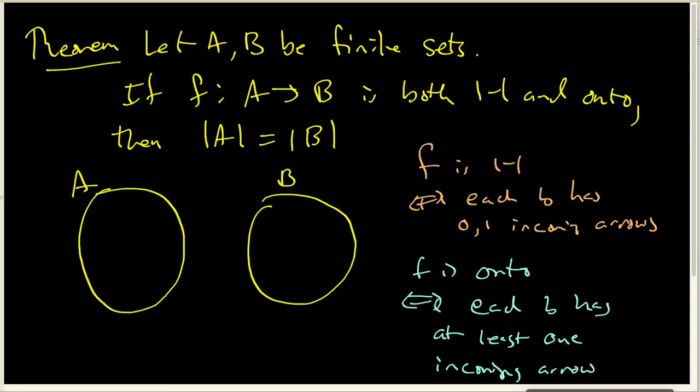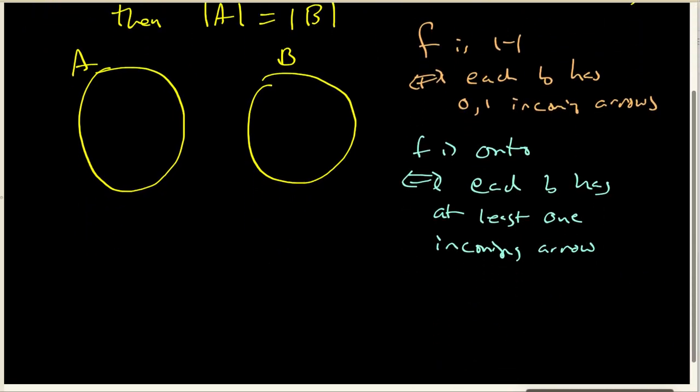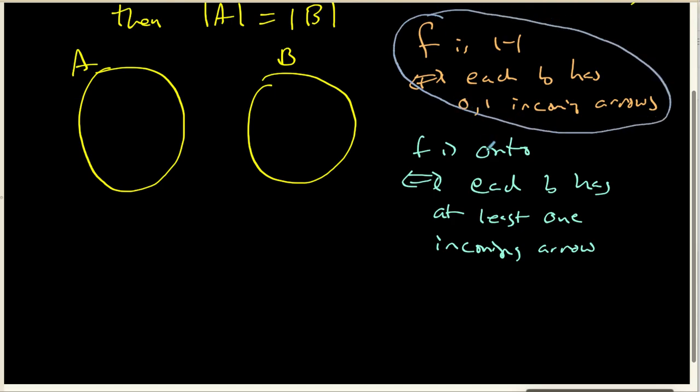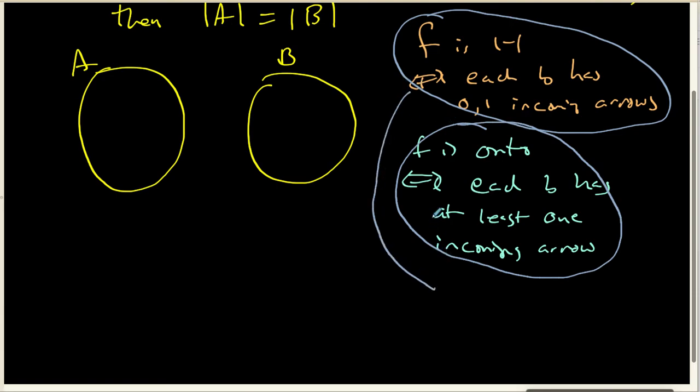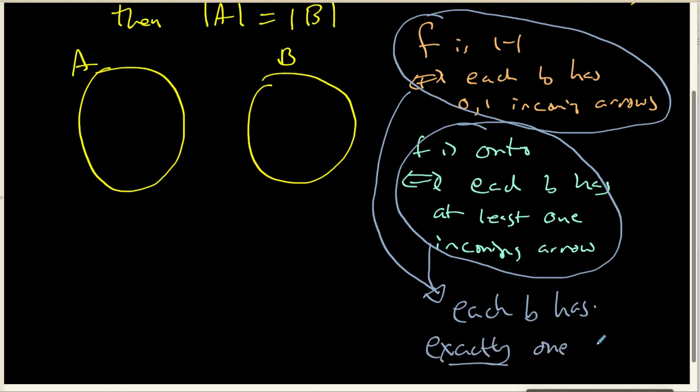If I think about what these two statements together mean, I have to have at least 1 incoming arrow, and I can have no more than 1 incoming arrow. So you put them together and you see that each b has exactly 1 incoming arrow.